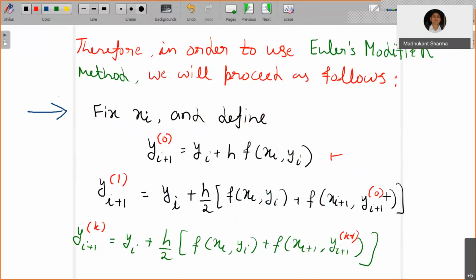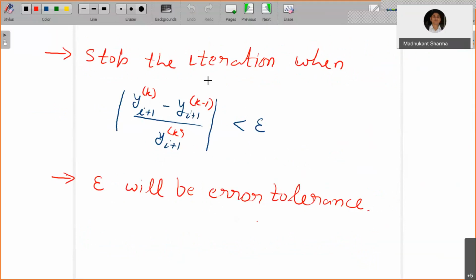Now, the question is how far we have to go, or what the stopping criterion will be. You can decide the desired accuracy by defining some error tolerance, and then you can obtain the relative error and make it less than epsilon, and then you can exit the loop.